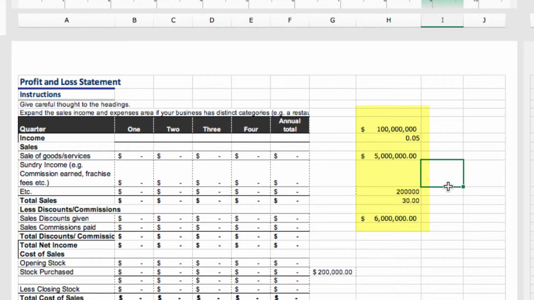My earlier research in the course told me that I'm in a $100 million market. And then my ambition is to have a 5% market share. So if I do the math there, I end up with about $5 million in revenue. That's a market share way to calculate revenue.